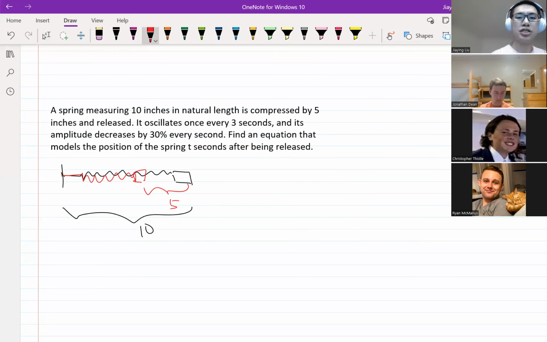So you can think about the displacement. If this is the natural position, now it's being compressed. The displacement is -5. So let me write displacement equals -5, because it's to the left side.